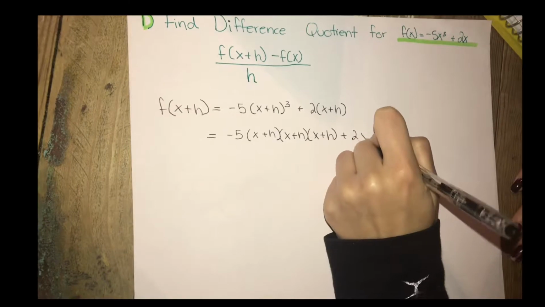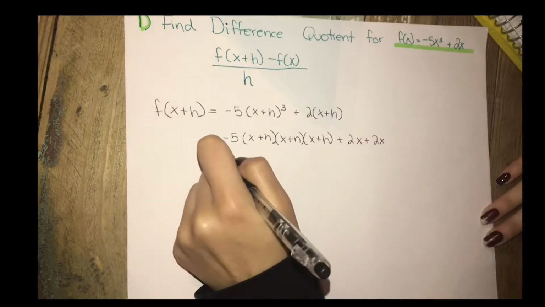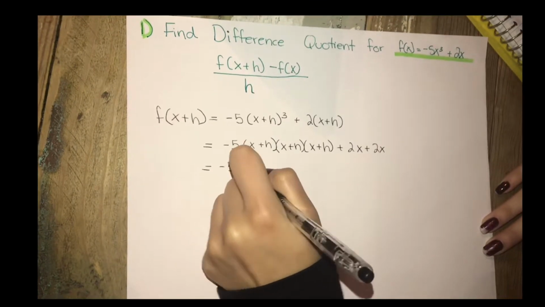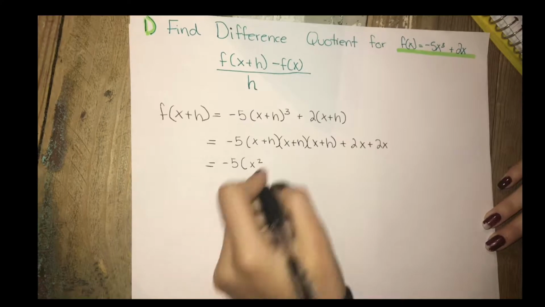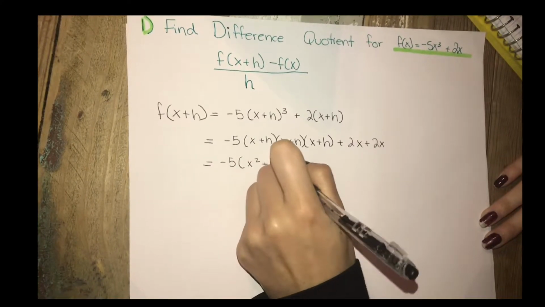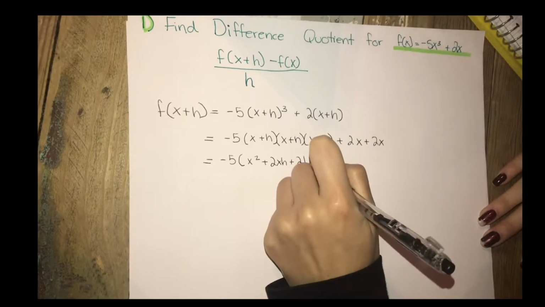Since it would be negative 5 parentheses x plus h to the third power, you would need to multiply x plus h 3 times. You would then distribute the 2 into the x plus h, getting 2x plus 2h.